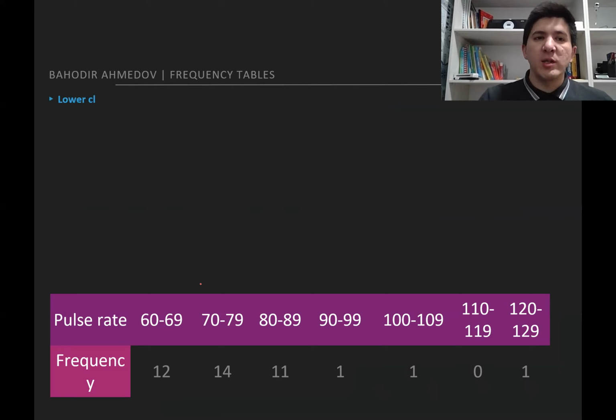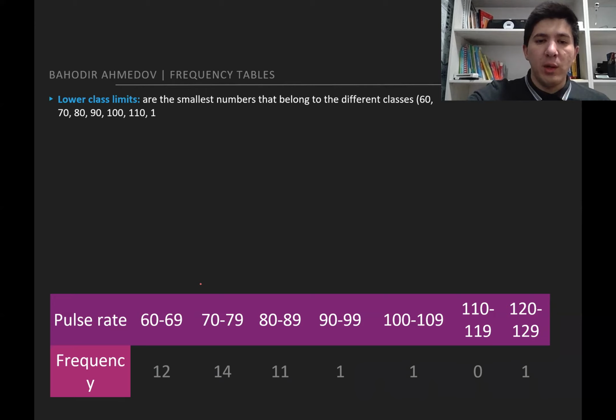The first one is the lower class limits, which are the smallest numbers in the classes. Here, for example, I've got 7 classes, and for every class I've got the lower class limit, the smallest number which can be included in that class.